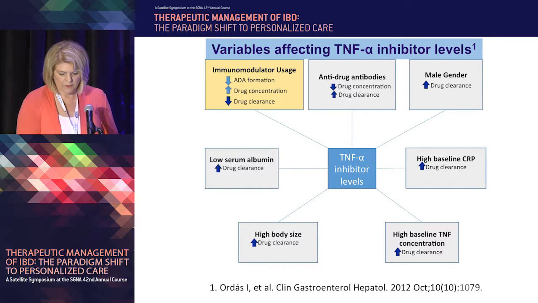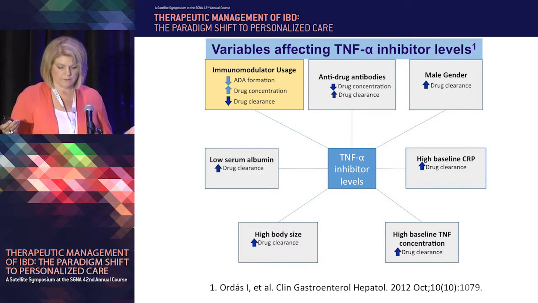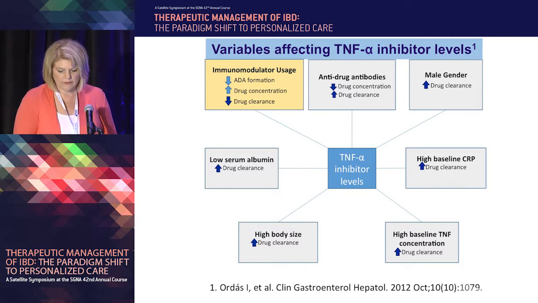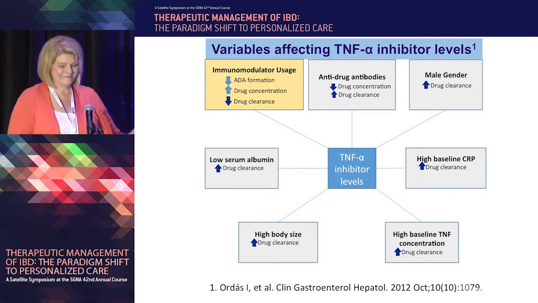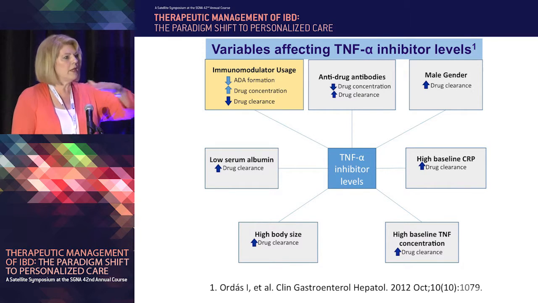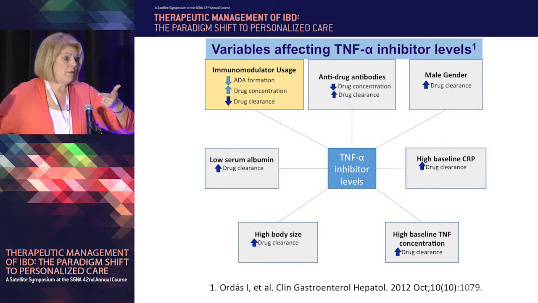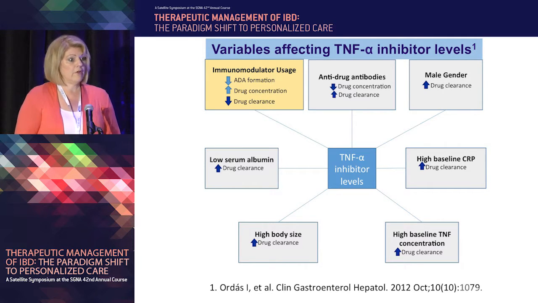And antibodies, if they're present, decrease drug concentration and increase drug clearance, meaning the drug is cleared out of the body very quickly. Male gender increases drug clearance. So when the drug is being cleared more quickly, probably means we need to up the dose of the drug or the intervals of the drug because it's being cleared more.